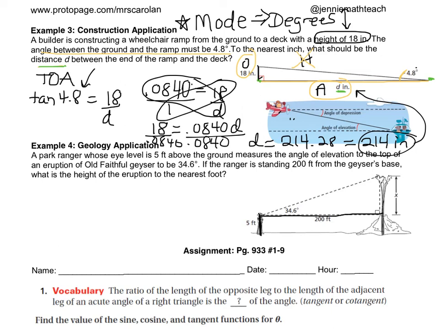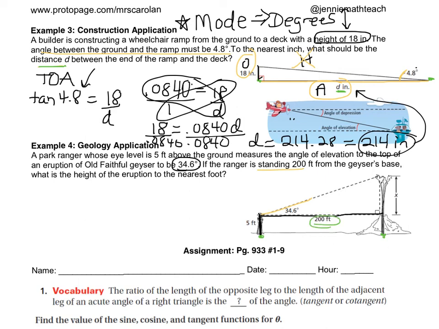It says the angle of elevation is 34.6. So normally he'd be looking straight ahead, but the angle of elevation is up 34.6 degrees. It also told us that the ranger is standing 200 feet away from the base. So from here to here, where that ranger is standing, it's 200 feet, so they labeled that.